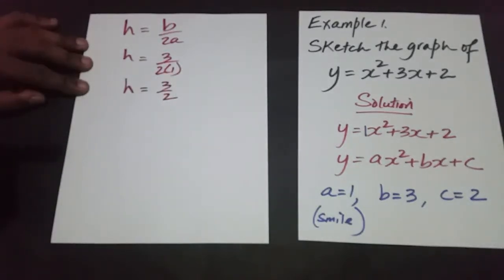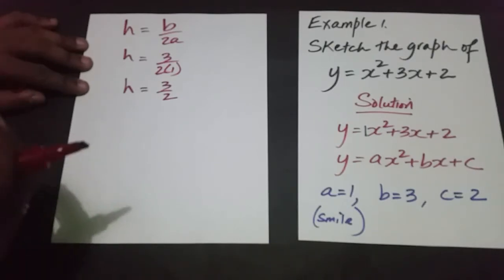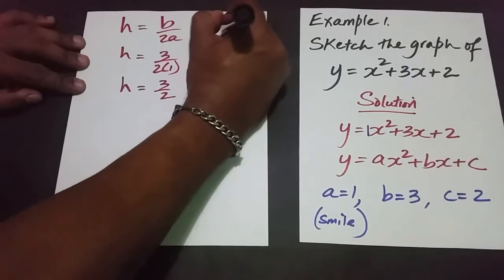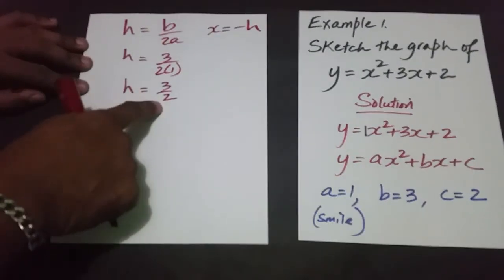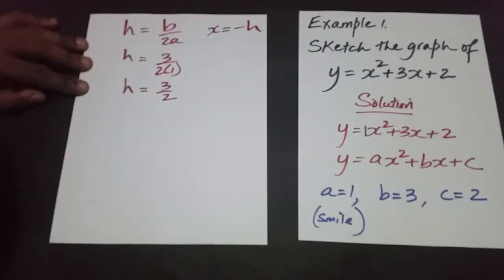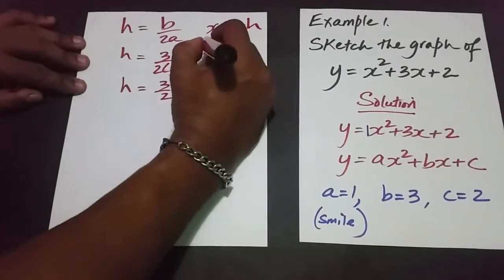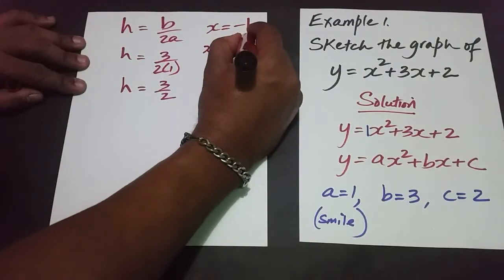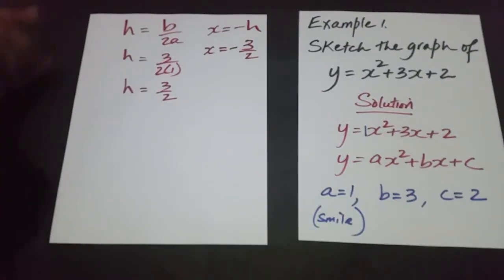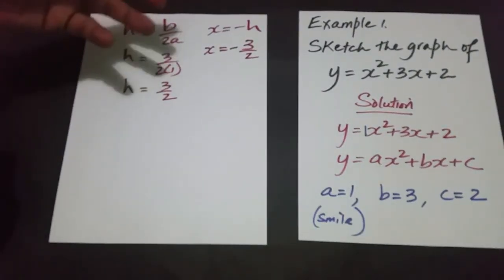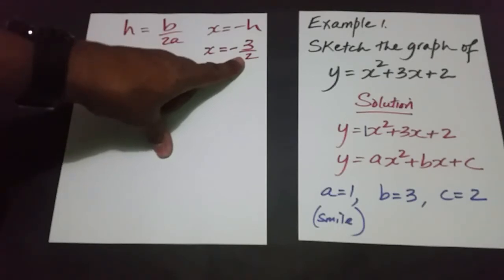Now, remember, we need to find the equation of the line of symmetry, and the equation of the line of symmetry is x equals negative h. So whatever h is, it's a negative of that. So if h is positive, it's a negative value. And if h is negative, the negative of a negative value is positive. So that means the equation of the line of symmetry is going to be the negative of positive 3 over 2. So that's the equation of the line of symmetry: x equals negative 3 over 2, which is the same thing as saying x equals negative 1.5.